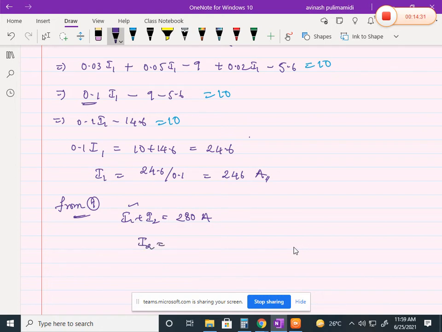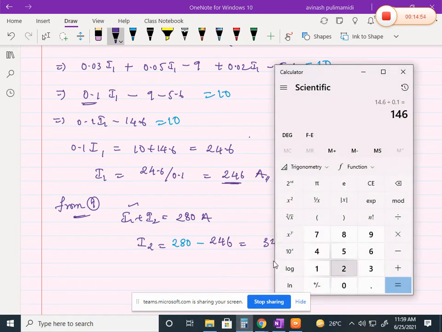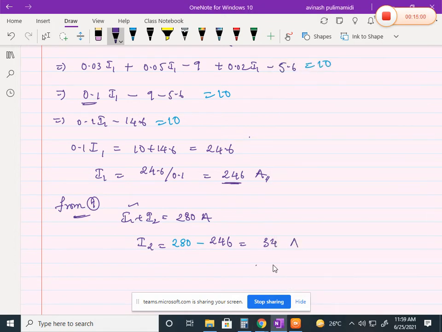Then I2 is equal to 280 minus I1, which is 246. 280 minus 246 will be 34. 34 amperes.